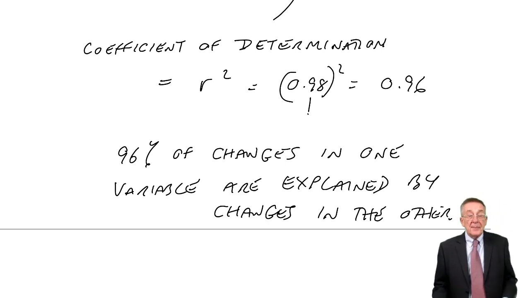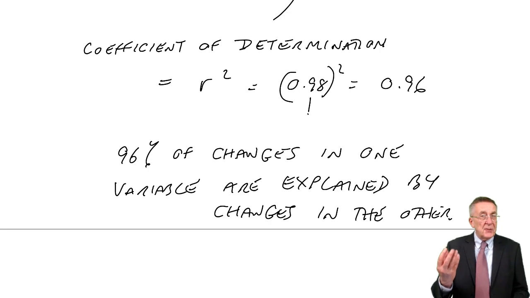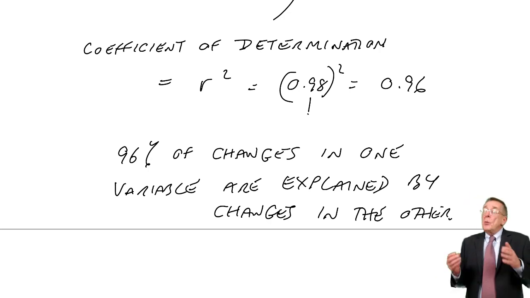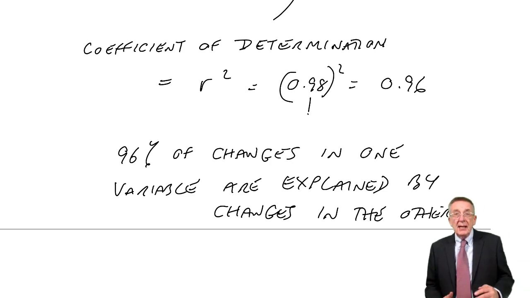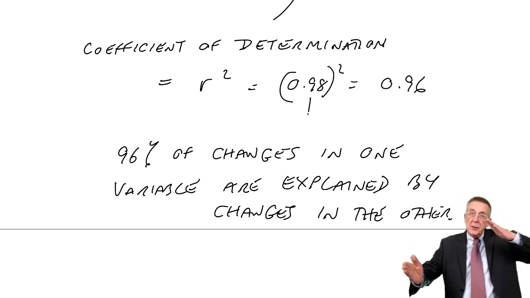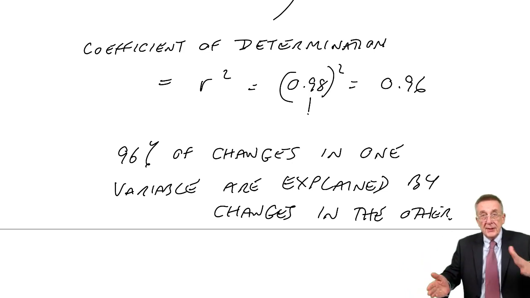So in our example, as the number of units changes, you expect the cost to change. Well, 96% of the time, the cost is changing purely because of the units.